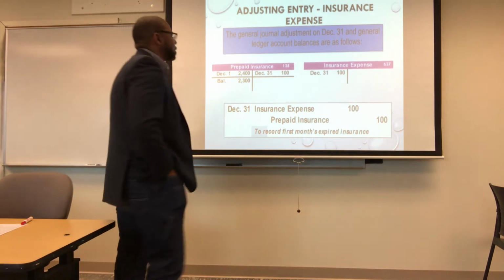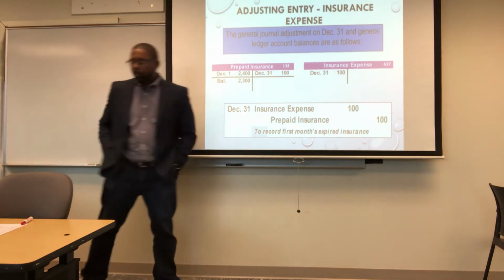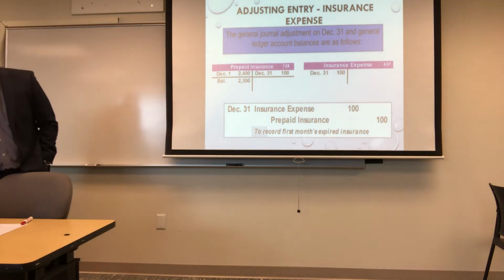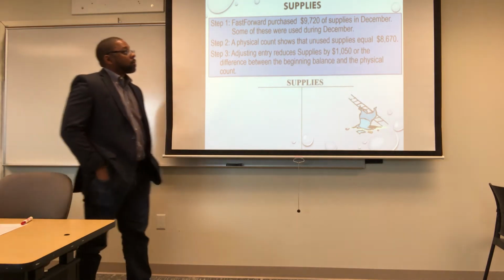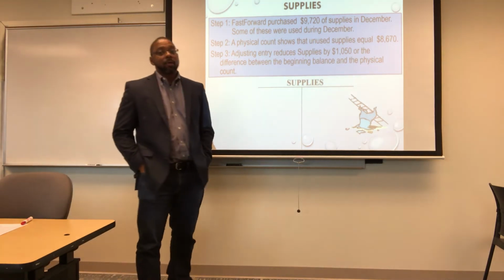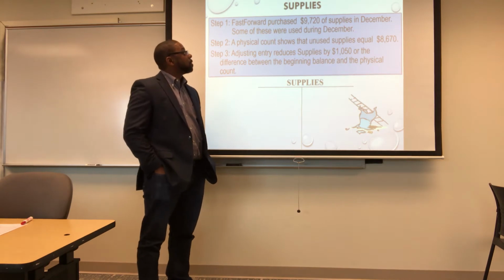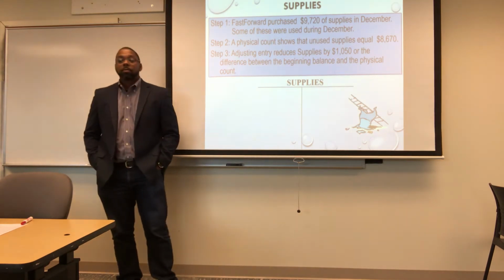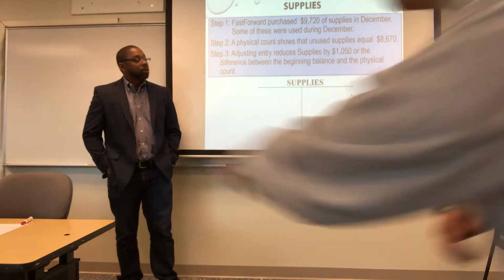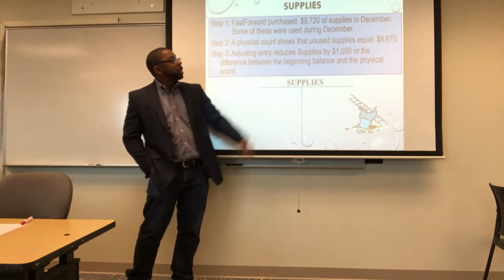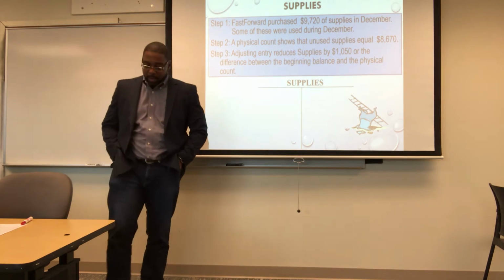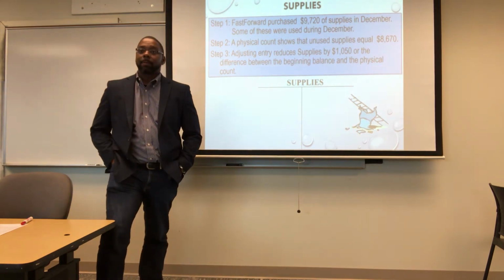All right, let's look at another adjustment. Let's look at supplies. Purchased $9,720 worth of supplies in December. Some of those supplies were used during December, right? A physical count shows that used supplies equal $8,670.